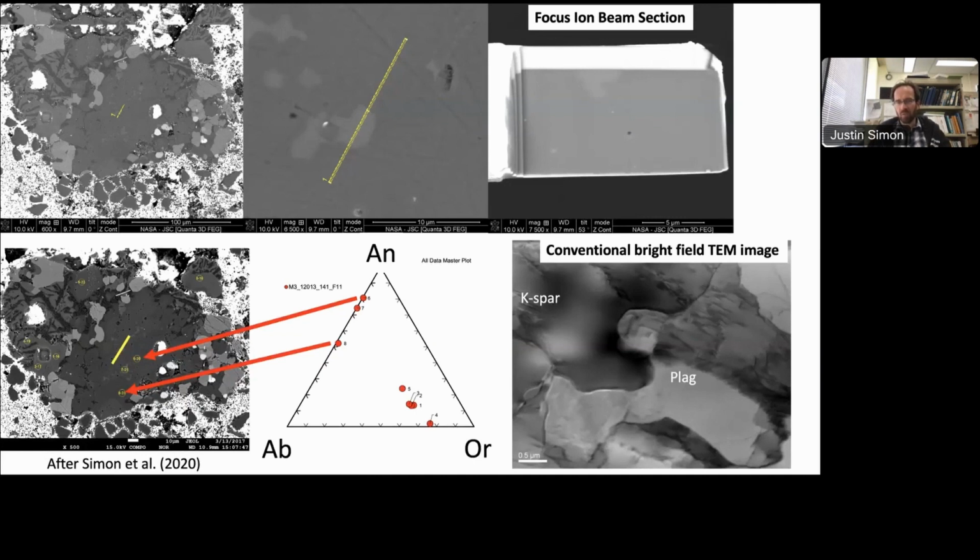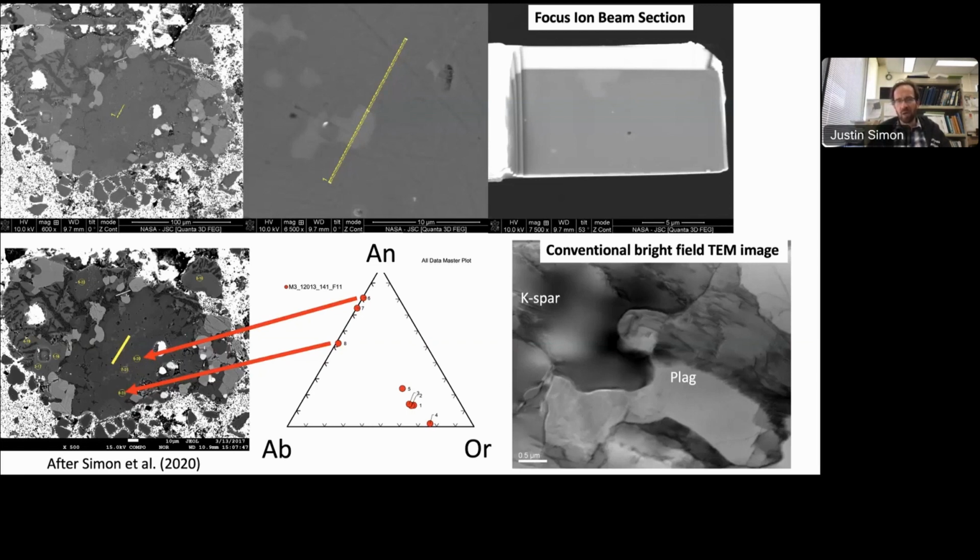Just to emphasize, the yellow traverse on the top middle goes across at least two different phases, from what is believed to be a plagioclase over what I think is SiO2 and back to a plagioclase composition, and I'll show that next.